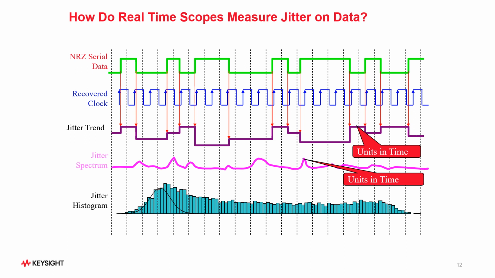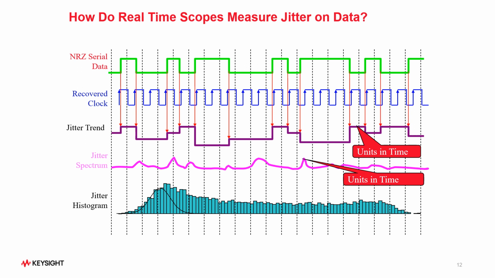Next, the timing error of each edge of the signal relative to the ideal recovered clock can be plotted as a jitter trend waveform. The vertical axis is plotted as the time interval, in this case the TIE, with the horizontal axis plotted as running time. This is synchronized to the oscilloscope's time-based axis of the acquired waveform.